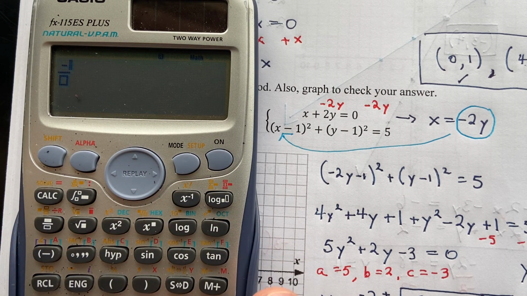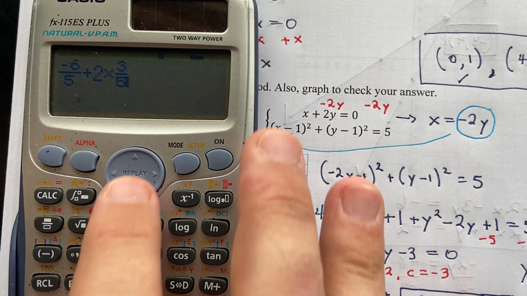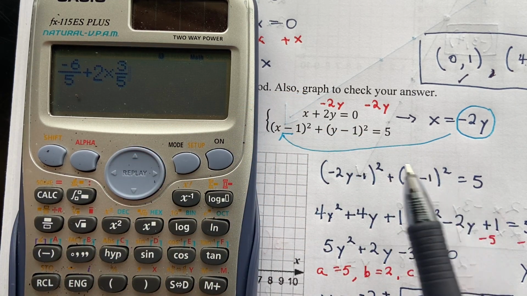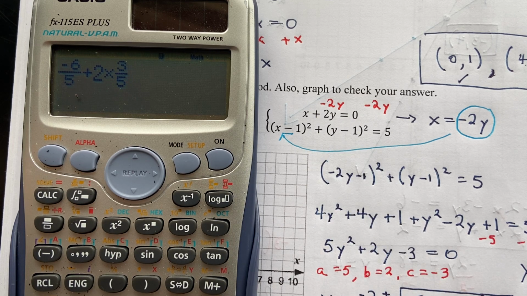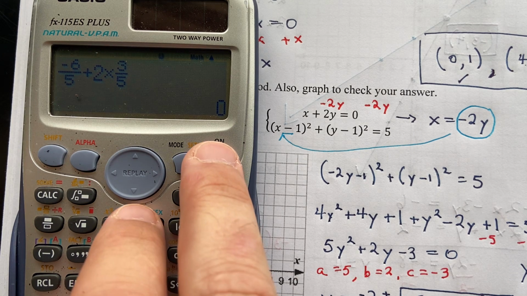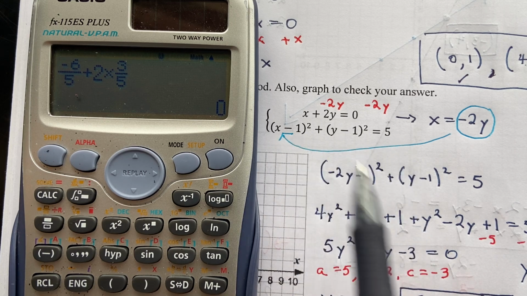So here's negative 6/5 plus 2 times 3/5, right? That's plugging into the first one here. And I'm hoping to get a 0 out of that, and I do. Then to try negative 6/5 and 3/5 in the second one.